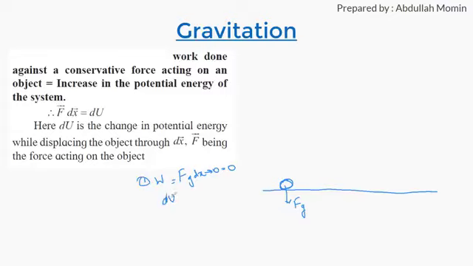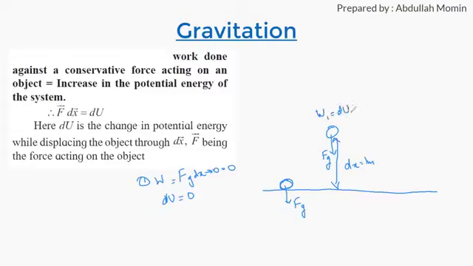Therefore, the change in potential energy of the system is also zero. Now suppose you move this object through a certain distance, say the displacement is 1 meter. This object is experiencing a gravitational force in the downward direction, so we have done some work.